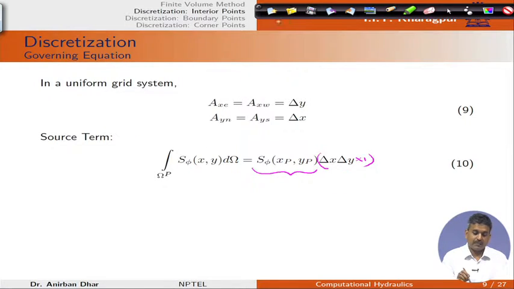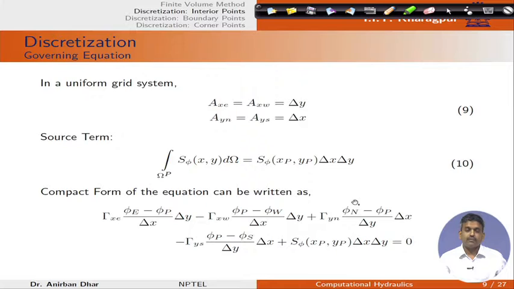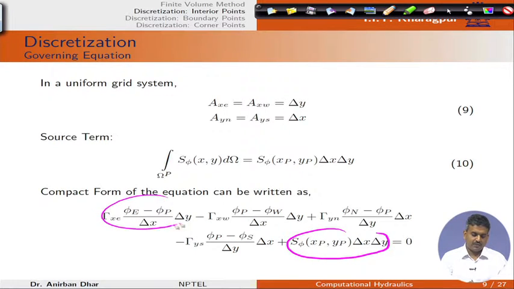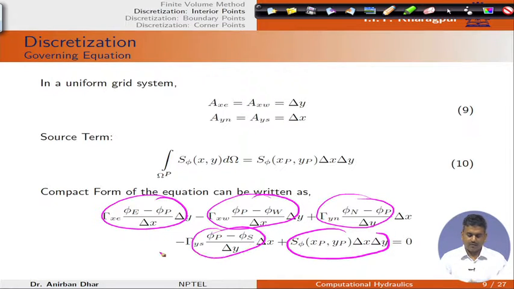So, this is the approximation of the source term. Now, we can write the compact form of the equation considering all derivatives at different faces, and we can write this with a source term, east face, west face, north face and south face.